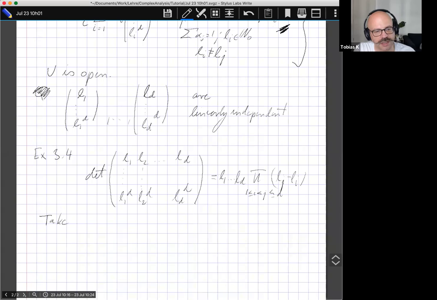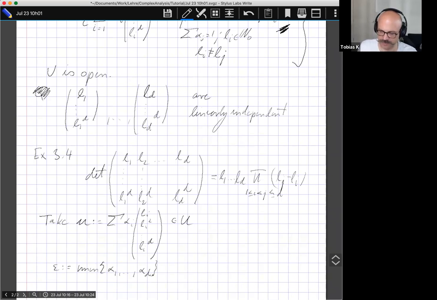So take an element of U, which is of the form alpha_i, li squared to li to the d, now in U, and now define epsilon as the minimum of alpha 1 till alpha d.